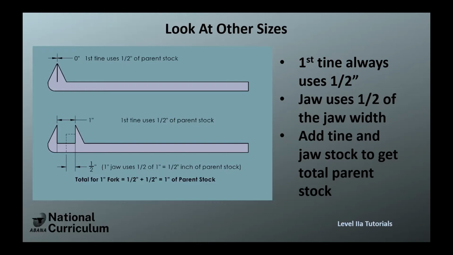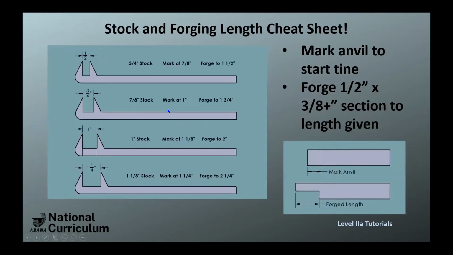So if you're only going to look at one slide for this whole presentation, this is probably the best cheat sheet for you to have. So this tells you the sizes. So for half inch, we're going to need 3/4 inch stock. So we're going to mark that at 7/8.